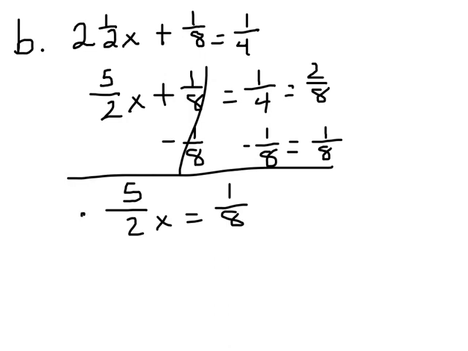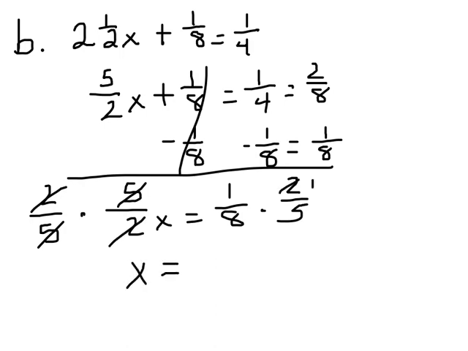And then I'm going to invert and multiply. Cross cancel when I can. Here I can cross cancel. And I'm left with 1 over 20 as my answer.